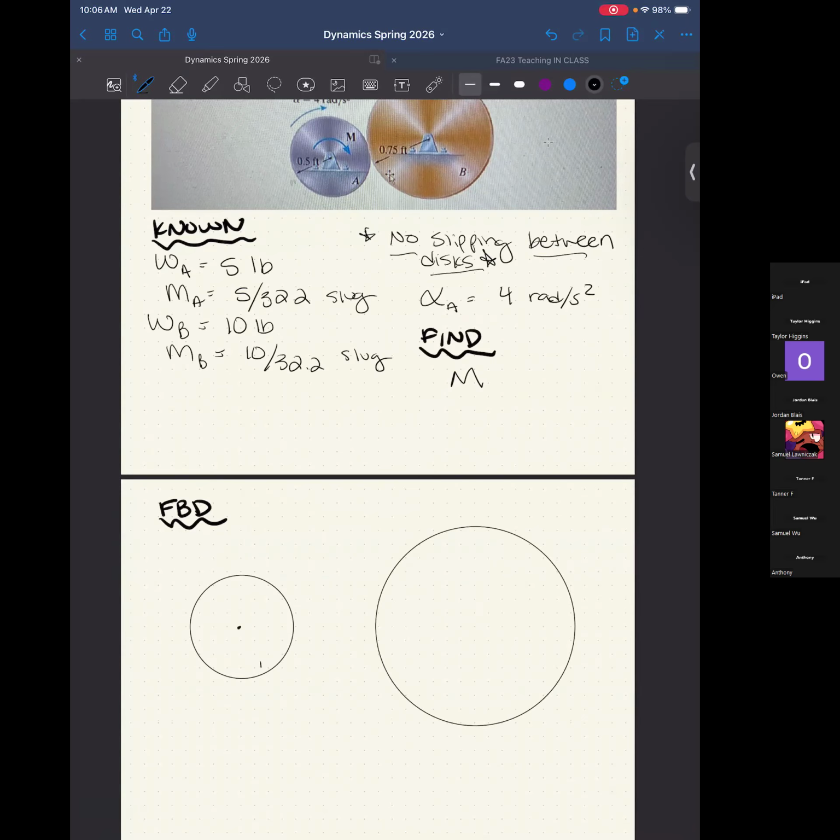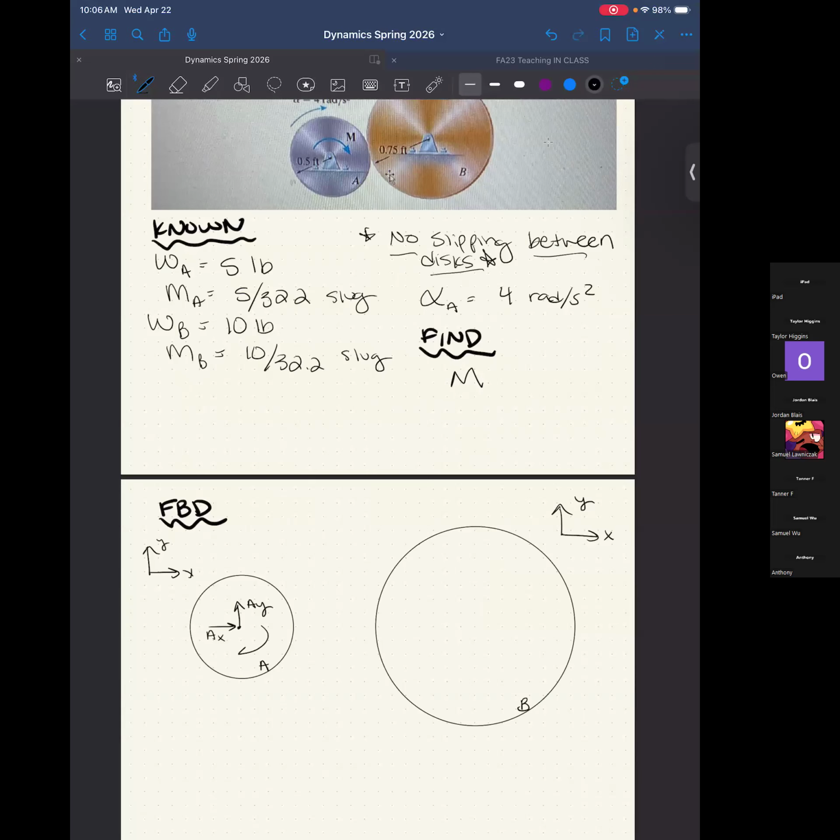I've got A over here and B over here. We're sitting on pins, so I should give myself some coordinates first, X and Y.